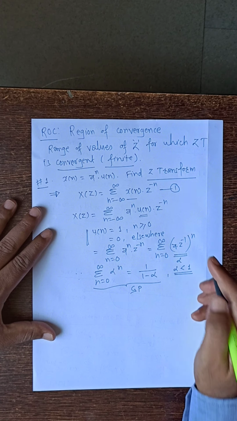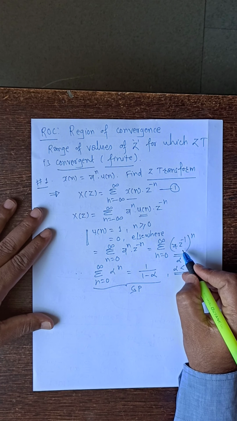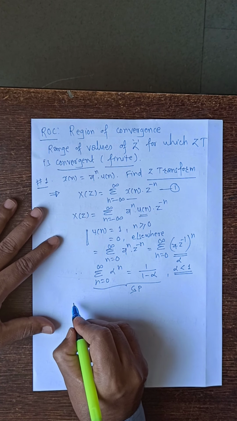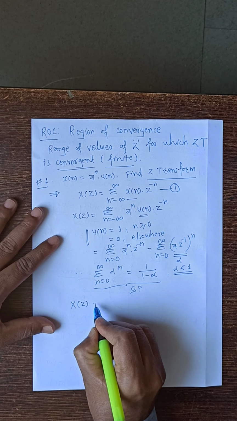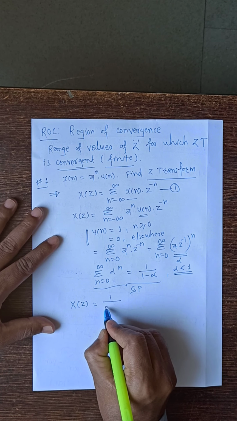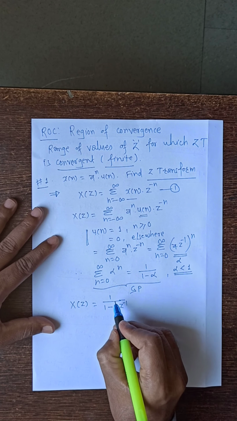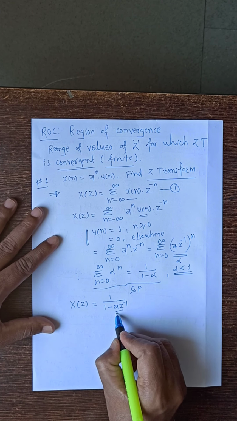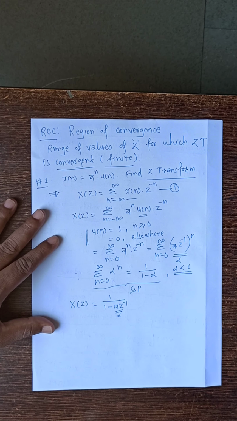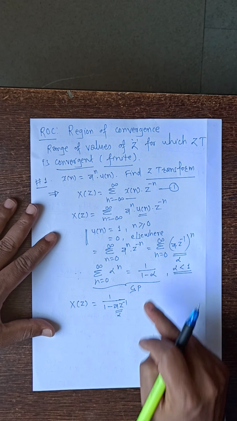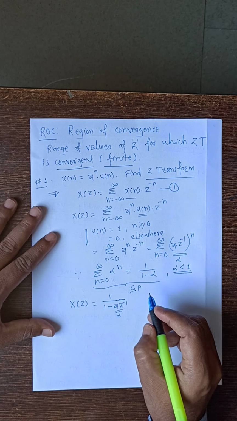So this is alpha, and X(z) we can write as 1 divided by 1 minus a z^(-1). This quantity is alpha, so it should be less than 1. Then and only then it is going to be valid.